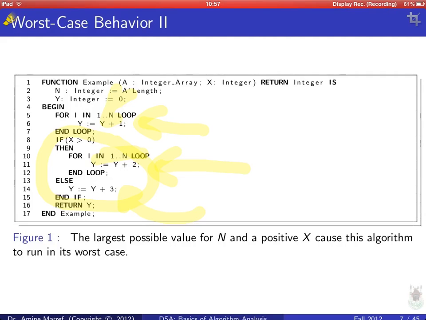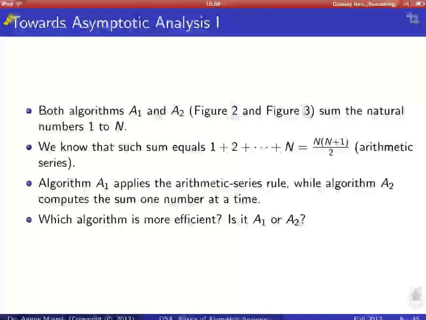One of them knows the rule, so he will just say it's 100 times 101 over 2, and computes it straight away. The other one will start using his fingers trying to compute 1 plus 2 plus 3, etc., because he does not know the rule. So these two algorithms are pretty much like two people, one who knows the rule and one who does not.